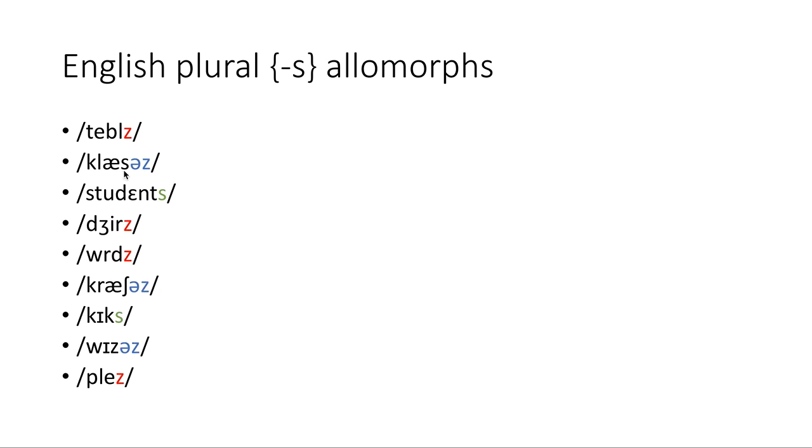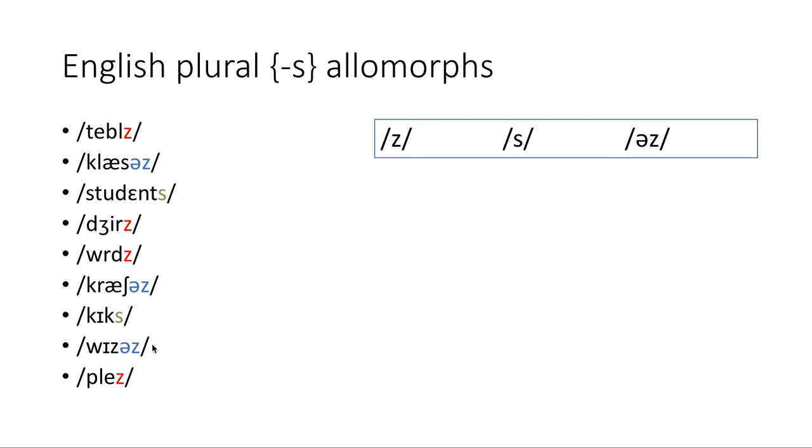You don't say "clas," and you don't say "crash," and you don't say "whiz." You actually insert a vowel there that you don't get in these other cases. So, "iz." So that gives us 3 allomorphs for this one morpheme: z, s, and iz.